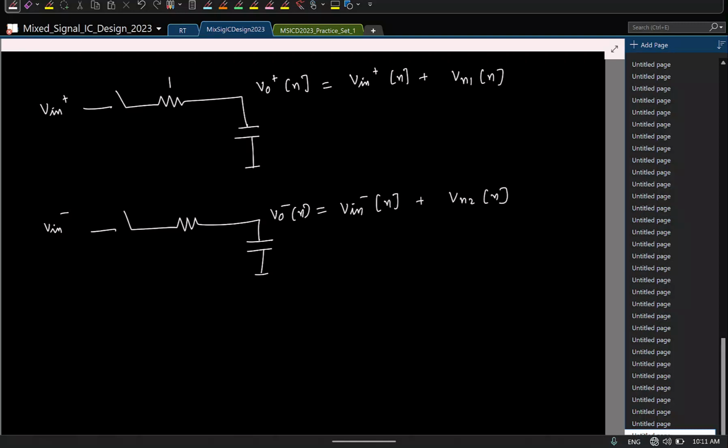Remember that this is R and C. Both of them will have a mean squared value of kT by C. And finally, we will be interested in looking at the difference of VO plus and VO minus. So we will have the actual signal Vn plus minus Vn minus, plus the noise.